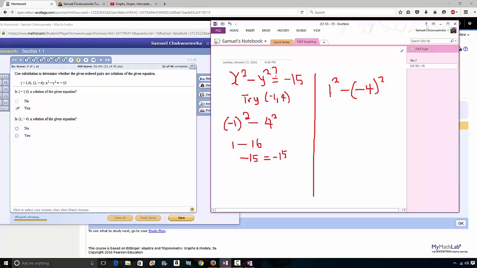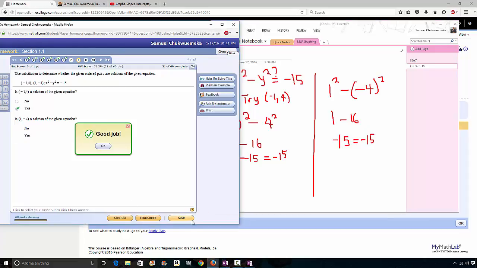So this minus is this minus, okay? So this is 1 minus negative 4 all squared, which still gives us 16, because it is negative 4 times negative 4, and that gives you 16. So negative 15 is equal to negative 15. And that works. And this is yes. Okay.